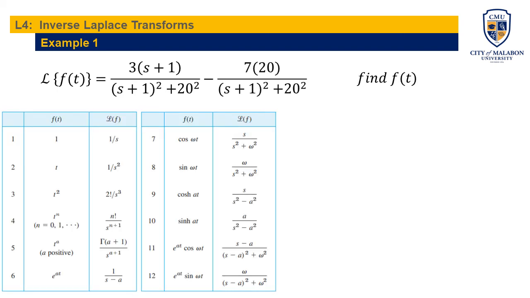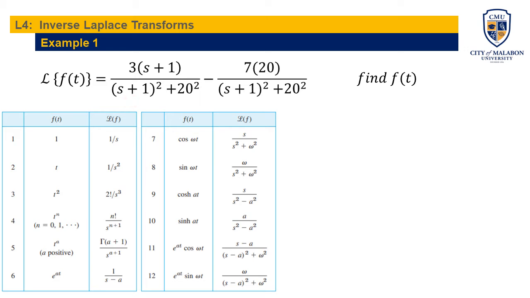And then, pansinin natin yung ating table ng formulas, no? Sa first term, mapapansin natin na somehow malapit yan sa cosine omega t. So, meron tayong s sa ibabaw, s plus 1, and then meron tayong s sa baba.